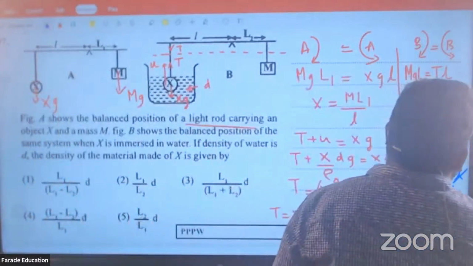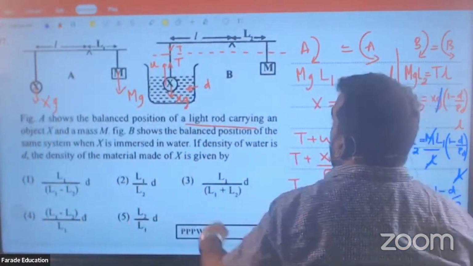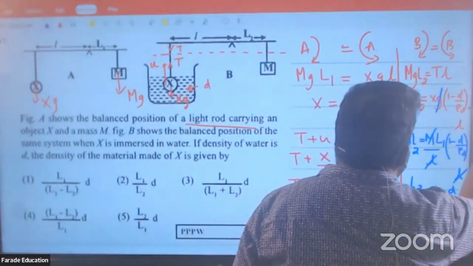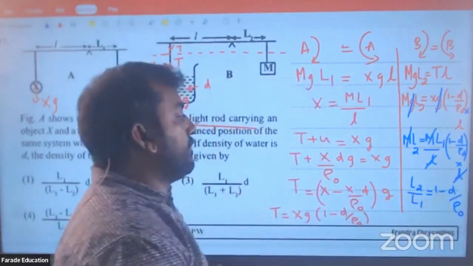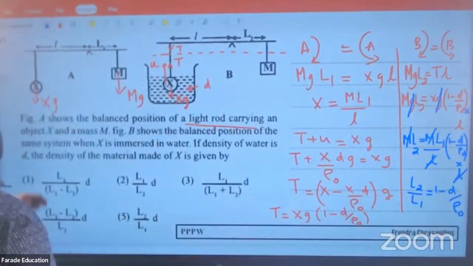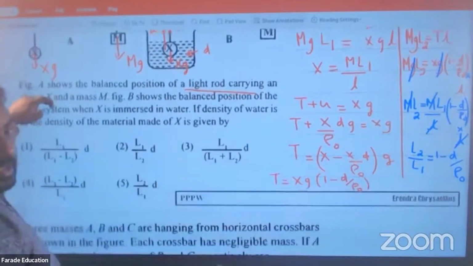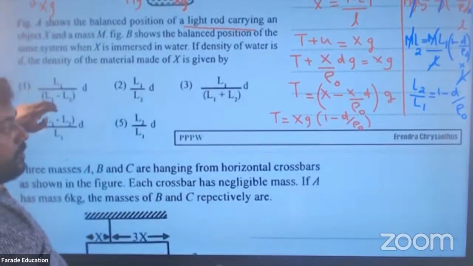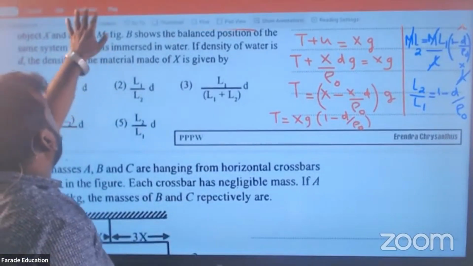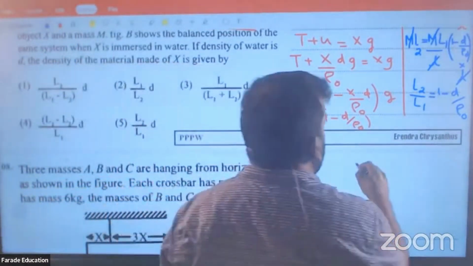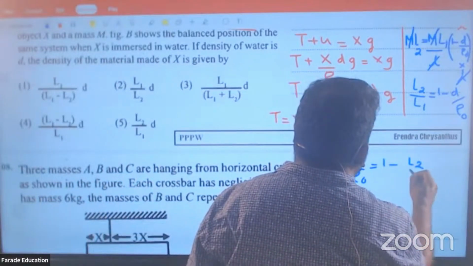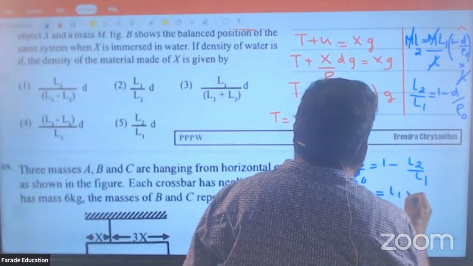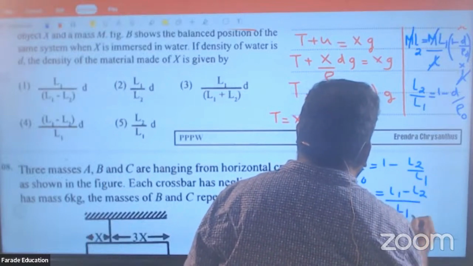Remember, don't forget that this L is in the multiplication. Some of you might think L is in the denominator. No, no, it's multiplication, so L cancels off. Simplify this carefully. Here you go: d over rho naught equals 1 minus L2 over L1, which is L1 minus L2 divided by L1.